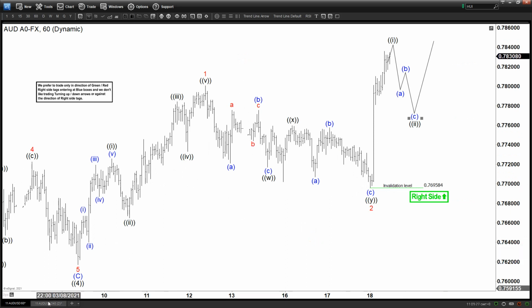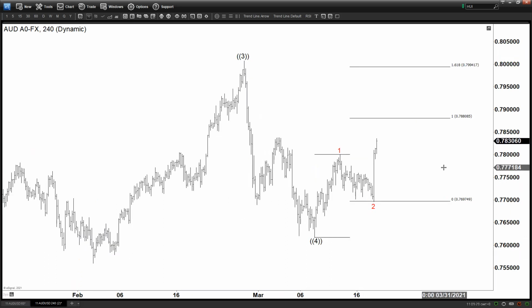The condition is that the pullback needs to stay above this wave 2 low now, 0.67695. Now what can be the alternate? The alternative here is we first need to break above that previous peak. This could simply be an ABC, and we end it here. This looks like a 3-wave ABC as well.